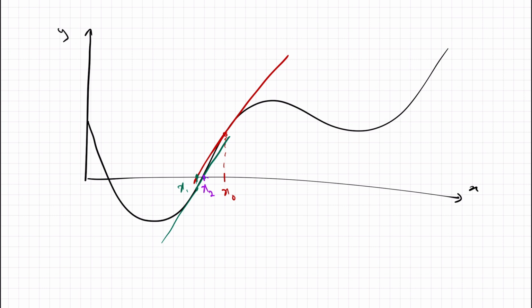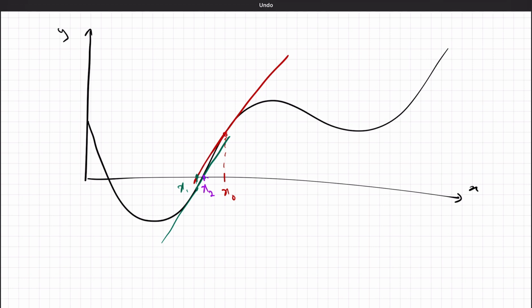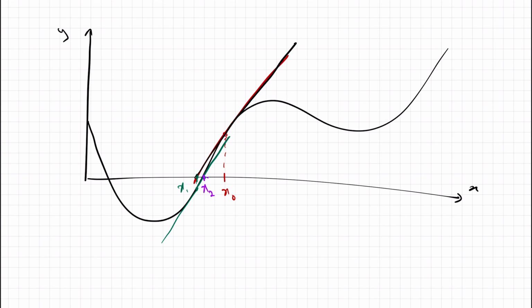Now the reason this works is because at any point on a curve, a straight tangent is the best approximation of that curve at that point. So using a straight tangent, we can easily work out the x-coordinate where it will intersect the x-axis, or essentially the root of this tangent. Then we use this new root, which is probably going to be a better approximation to the original function's root, pass that back in and create a new tangent.